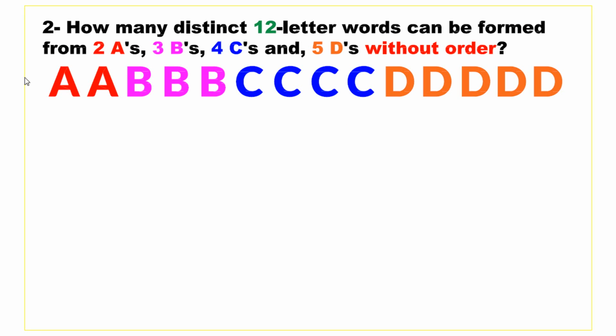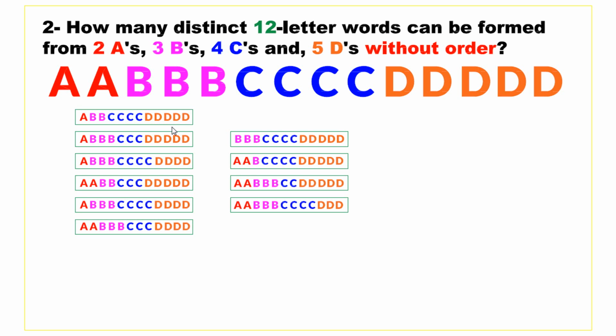Question number 2. How many distinct 12-letter words can be formed from 2 A's, 3 B's, 4 C's, and 5 D's without order out of this 14-letter word? As we have seen before, we have these cases of 12-letter words we can generate, but in this case we don't need to permute because it doesn't matter in which order these letters will be; they are going to be regarded as the same item exactly.